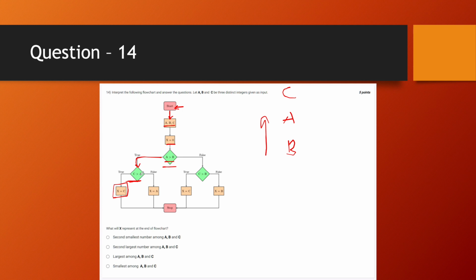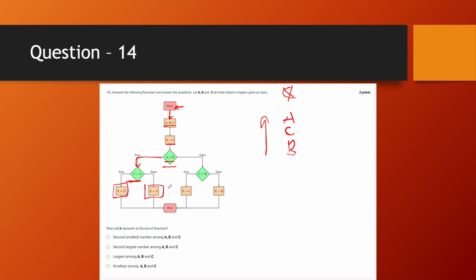Let's say C was not greater than A. That means A was greater than C, and C would have come somewhere here, because it is not greater than B. Here A has become your largest integer among the three, which is why you have again assigned the value of the largest integer to X.